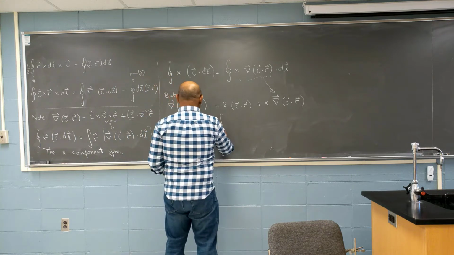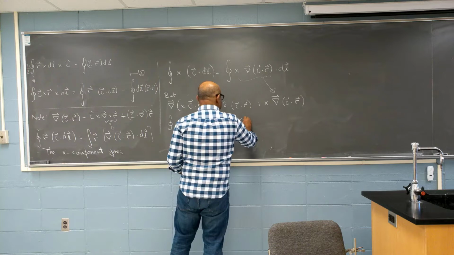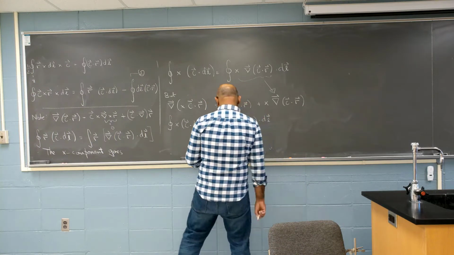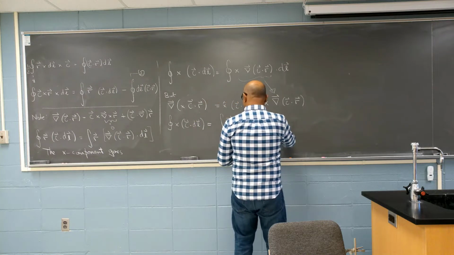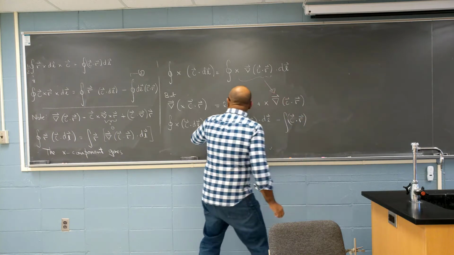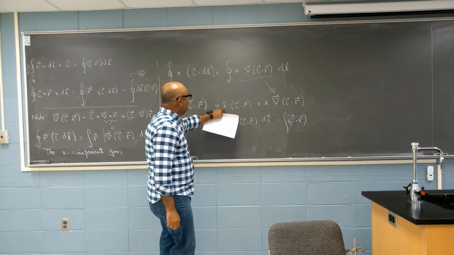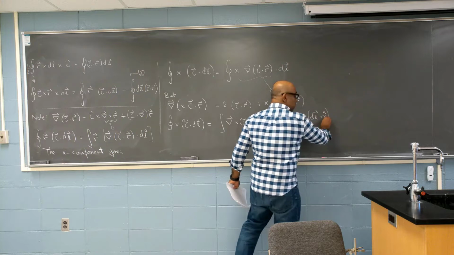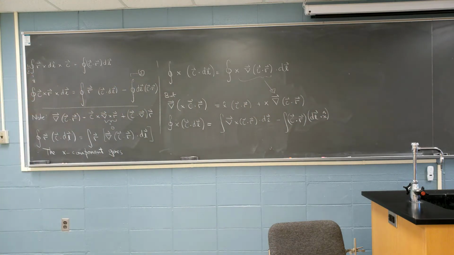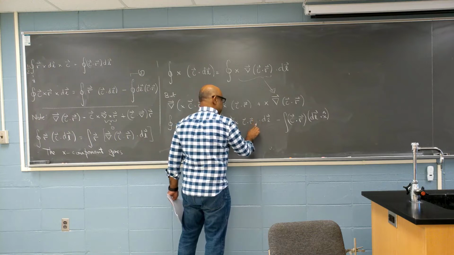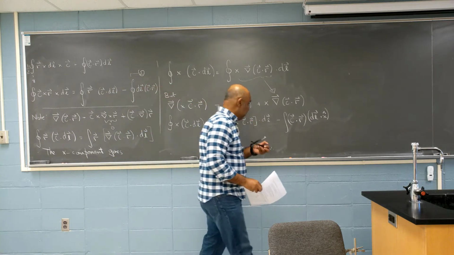So I get dot dl and then minus this guy, C dot R. I'm going to get dl dot x hat. Correct? Sorry. We're almost done.